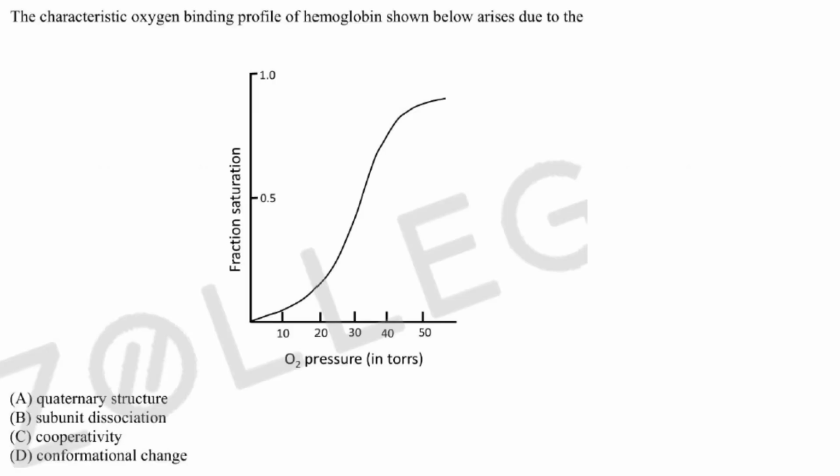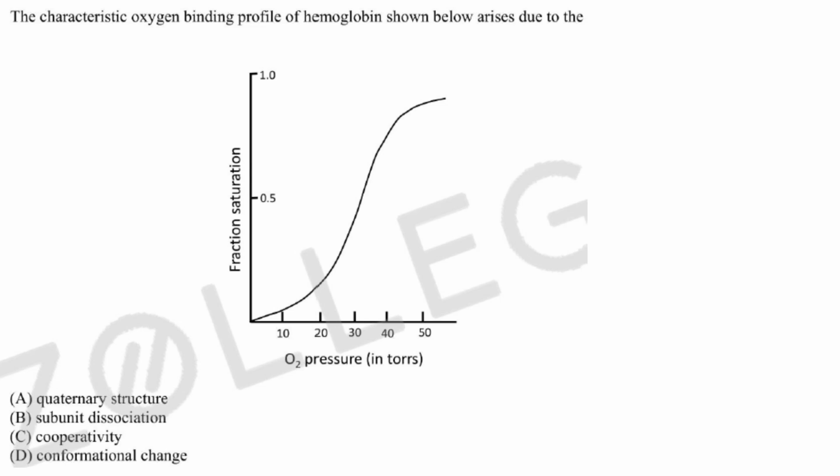Then next one. The characteristic oxygen binding profile of hemoglobin shown below arises due to. Now oxygen binding by hemoglobin is a sigmoidal curve. You can see over here in the graph.